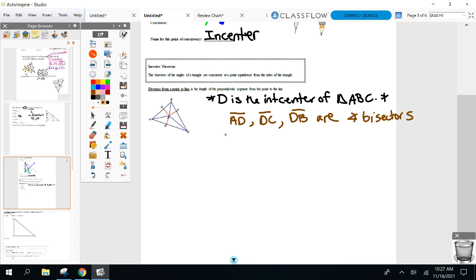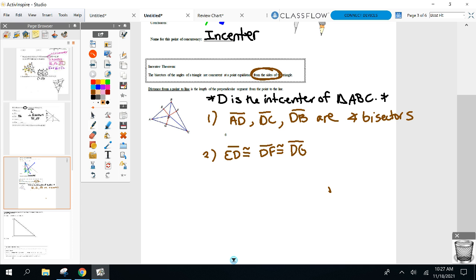Here's my new theorem, my new fact. The incenter is equidistant from the sides of the triangle. So now I know that ED, DF, and DG are all congruent to each other.